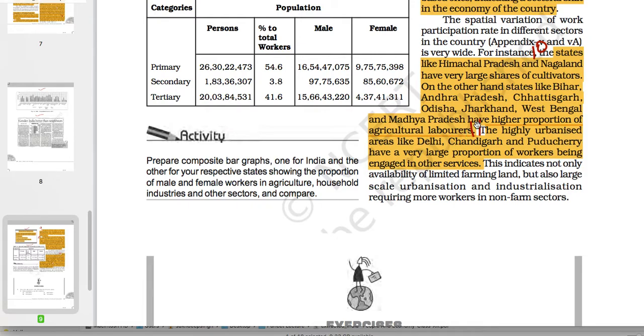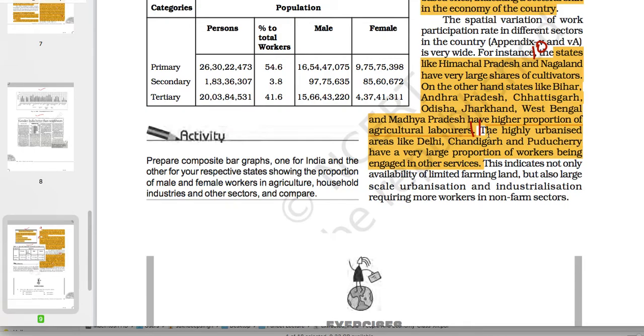That's why from these states the laborers migrate to the Punjab, Haryana, Himachal Pradesh states, because in Punjab, Haryana the cultivator numbers are more, but the laborer numbers are very less. So the laborers will migrate from these states.